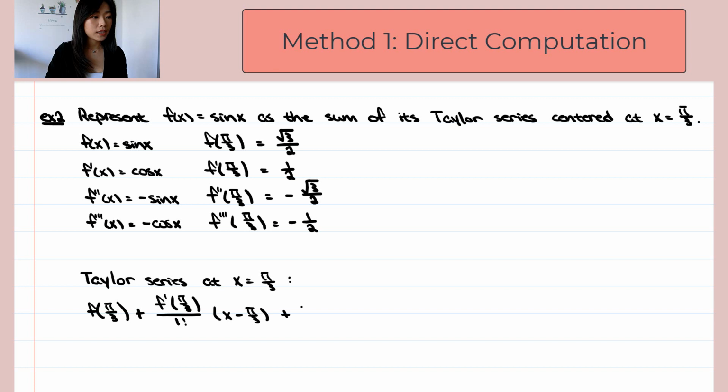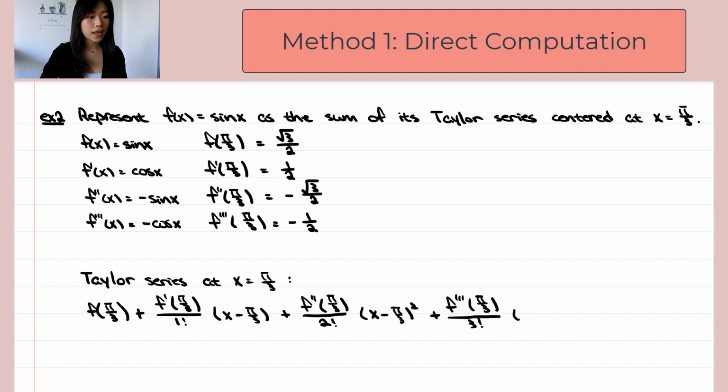Then plus the second derivative evaluated at pi over 3 divided by 2 factorial, then times (x minus pi over 3) squared. And let's write out one more term. So the third derivative evaluated at pi over 3 divided by 3 factorial times (x minus pi over 3) to the power of 3, and so on.